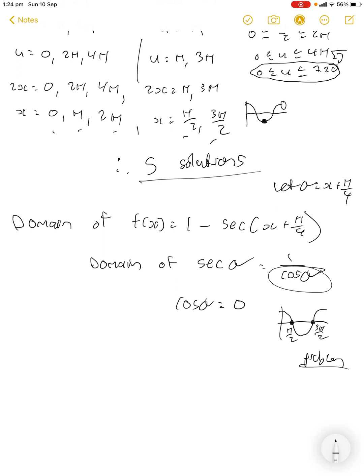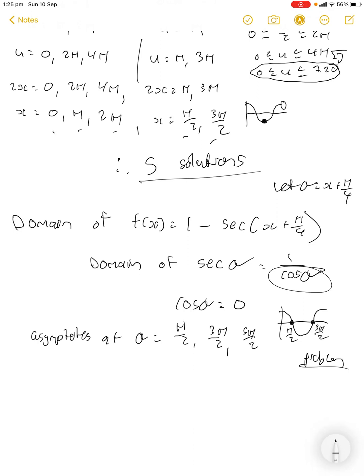So we've got a list of values that it can't be. And having a list of values that it can't be is going to be very, very helpful. So it's got asymptotes when theta is going to be equal to pi on 2, 3 pi on 2, and you can keep going from there, 5 pi on 2, etc.